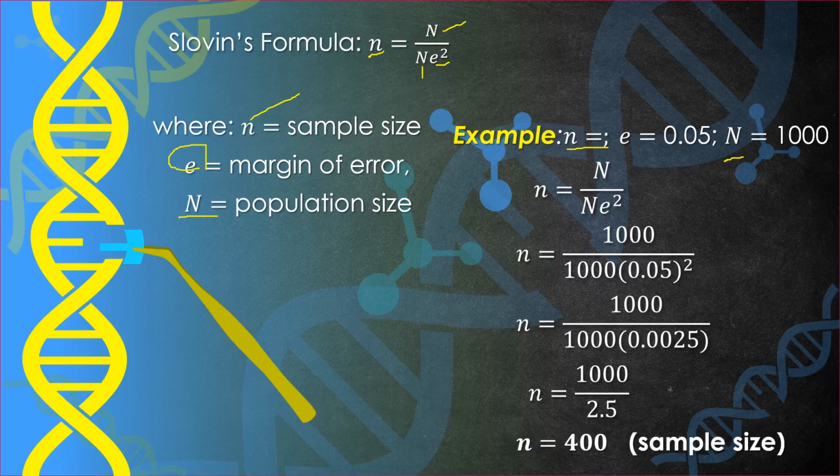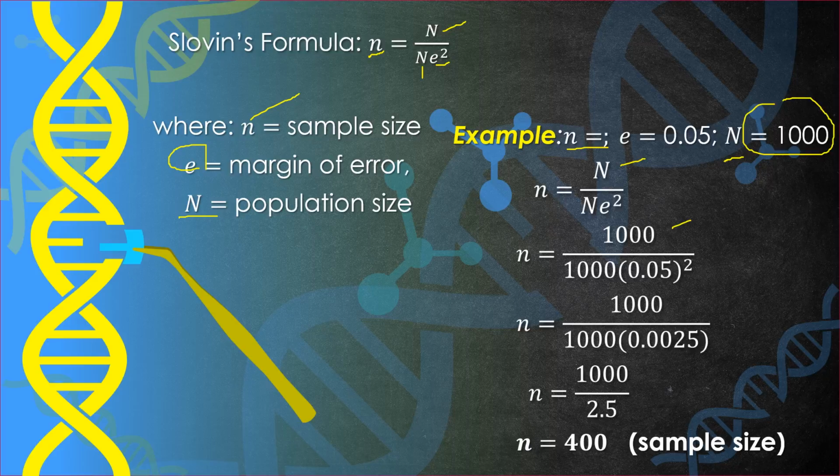For example, you have 1,000 students and you want to find out how many would be a possible sample size to answer all your questions based on your research. To get the sample size, we apply Slovin's formula, as I mentioned. With direct substitution, uppercase N is 1,000 based on the given.